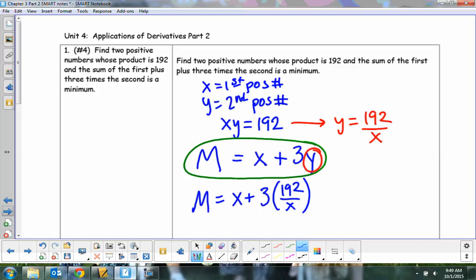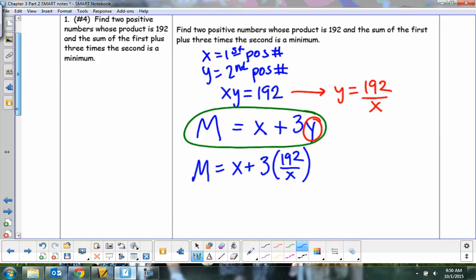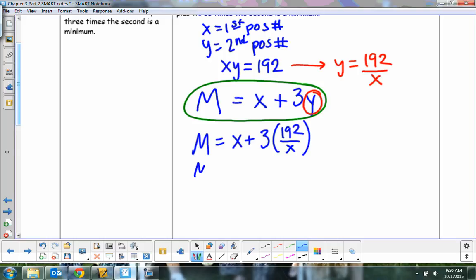So what's 3 times 192? 576. 500 and what? 76. Okay. So now that's the equation that we want to minimize.